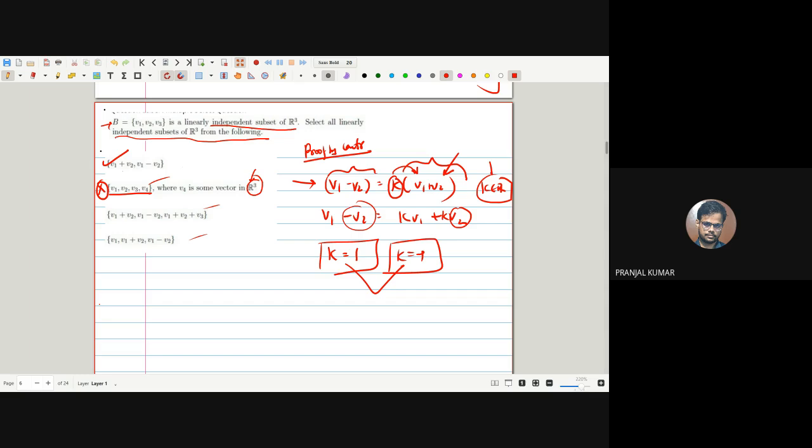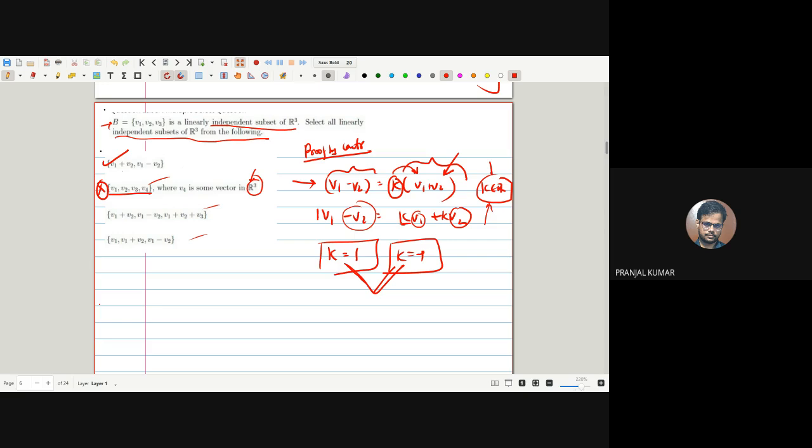Now I am just equating, which I did earlier in the example I told you. With v1 I have 1 here and with v1 I have k here, so k is 1. And with v2 I have k here and with v2 I have minus 1 here. So k cannot take two values, right? k has to be unique. Like, we can put k equal to 1 and minus 1, right?